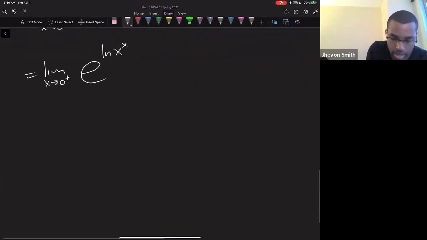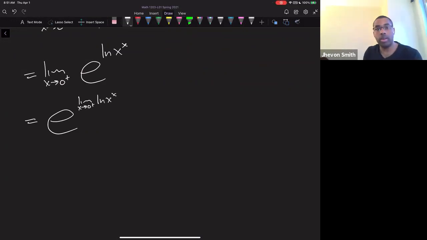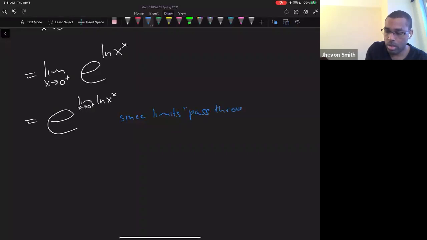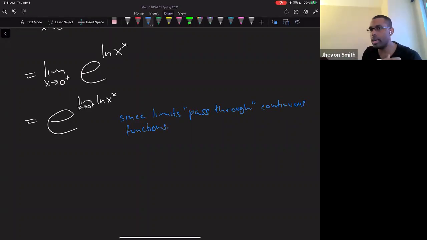We also know that limits pass through continuous functions. Remember, limits can move in and out of parentheses, in and out of radicals.